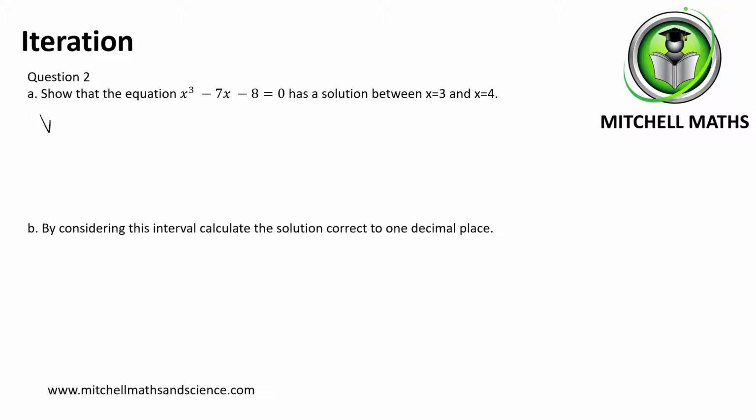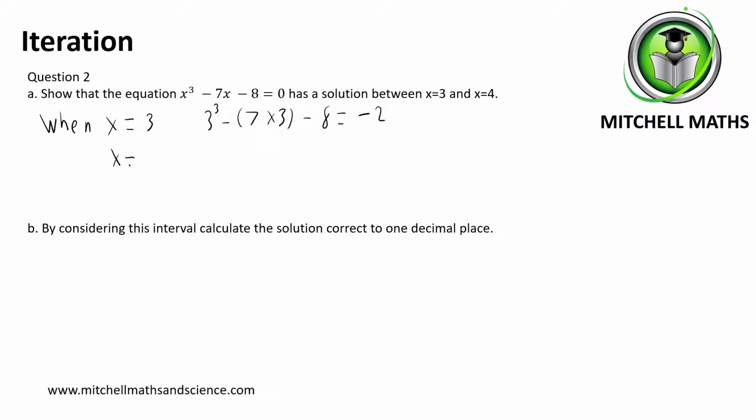So let's put when x equals 3, and we type into our calculator just 3 cubed minus 7 times 3, take away 8, and that'll give us minus 2.